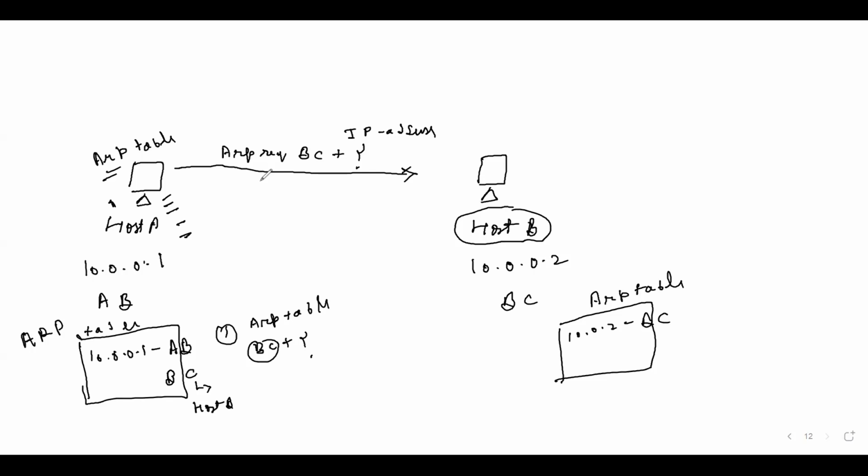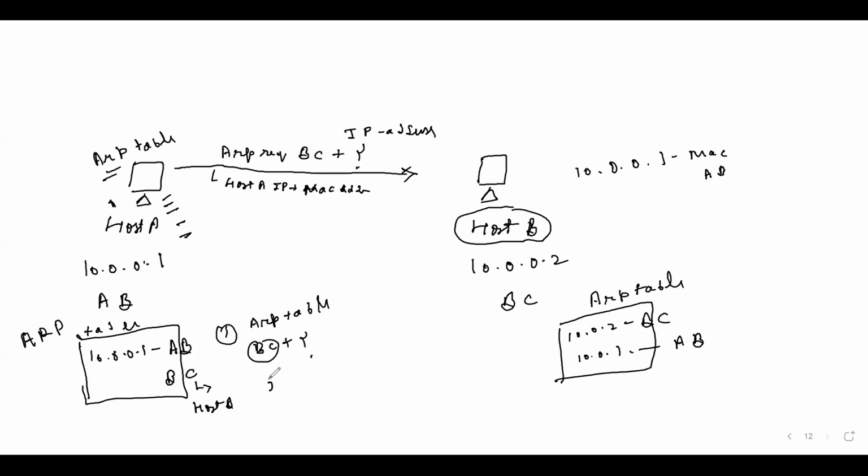But in this ARP request process, it will add host A's IP address and MAC address both. So host B will see, okay, I got the IP address 10.0.0.1 and this is the MAC address AB. So first, it will add in the ARP table 10.0.0.1 and MAC address AB.